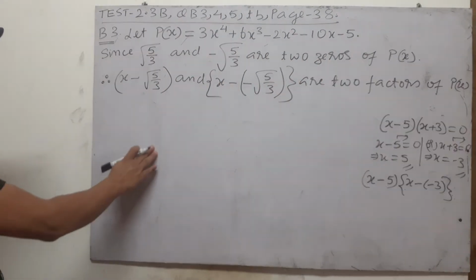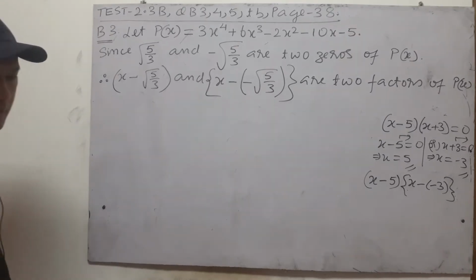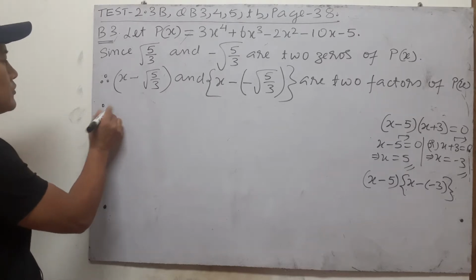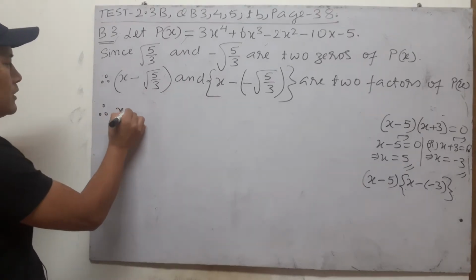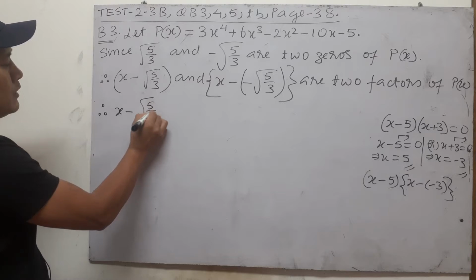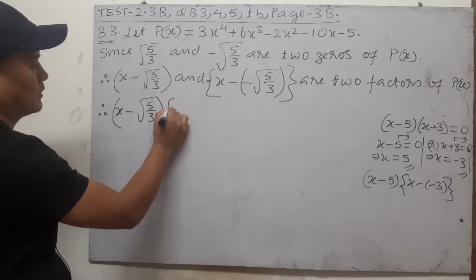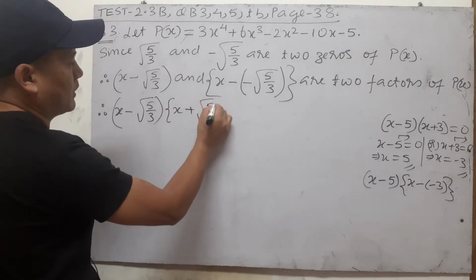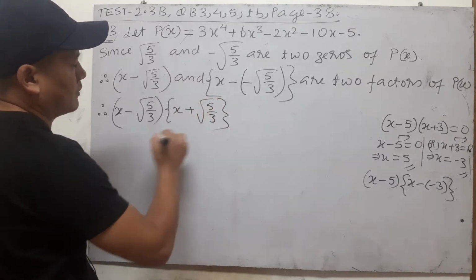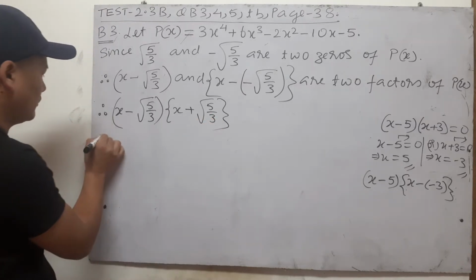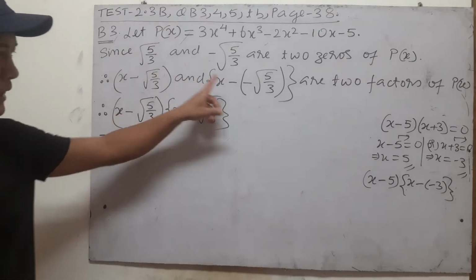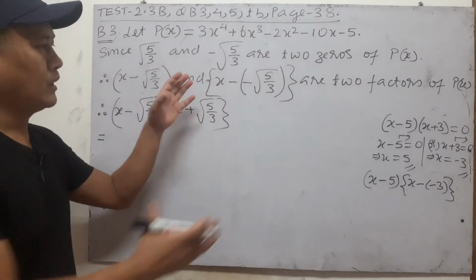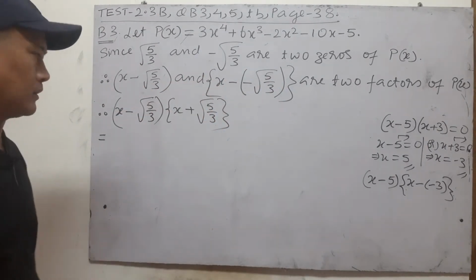Now therefore, when we put these two factors together and factorize them, we get x minus root over 5 by 3 and x plus root 5 by 3. Let's do these two combined. These two combined can be one factor, therefore there are two factors. If you combine these two, it can become one factor, right?